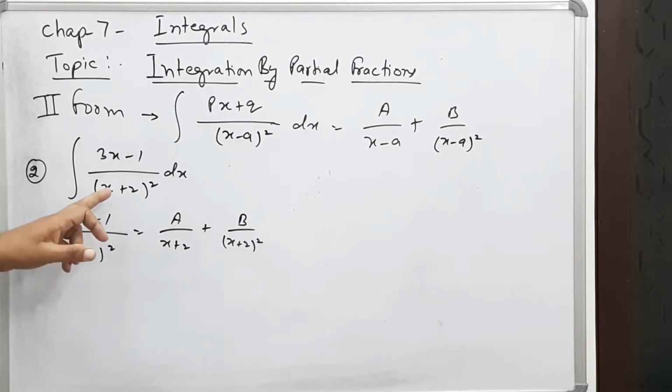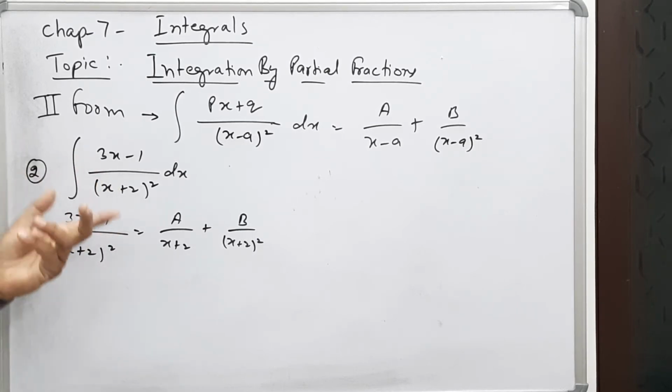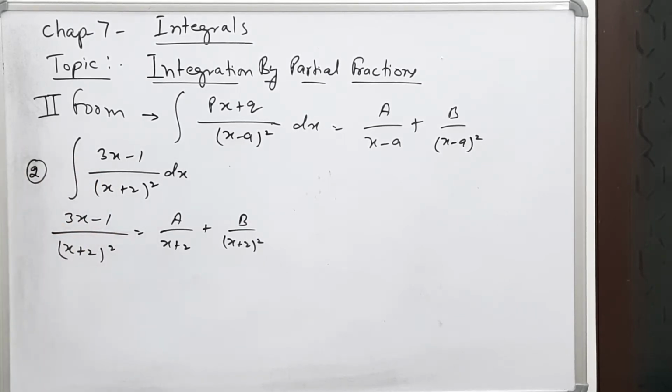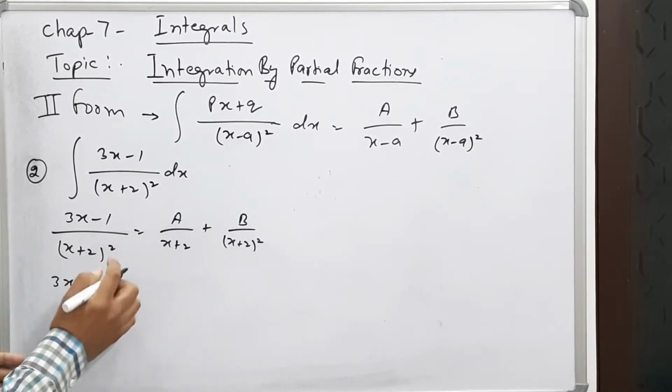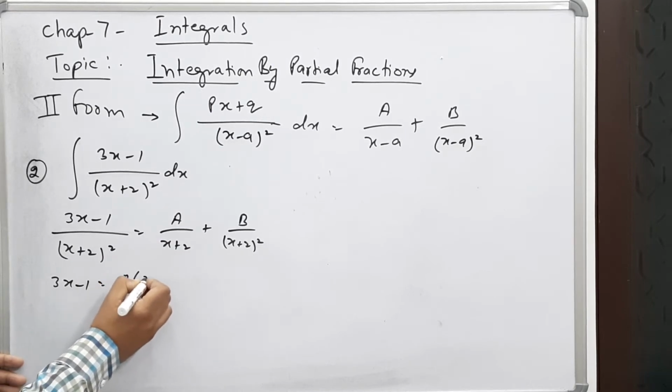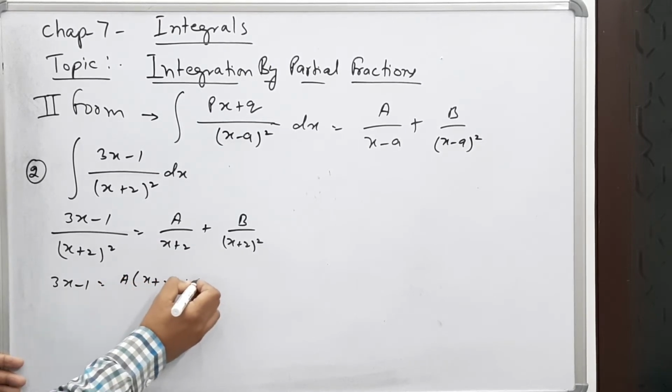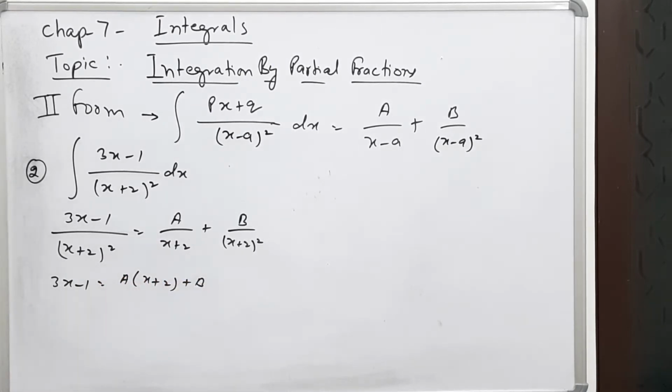Please see this. It can be x + 2, x + 3, x - 1, x - 2. It can be any factor here. So next step is we cross multiply, so we get A(x + 2) plus only B here.